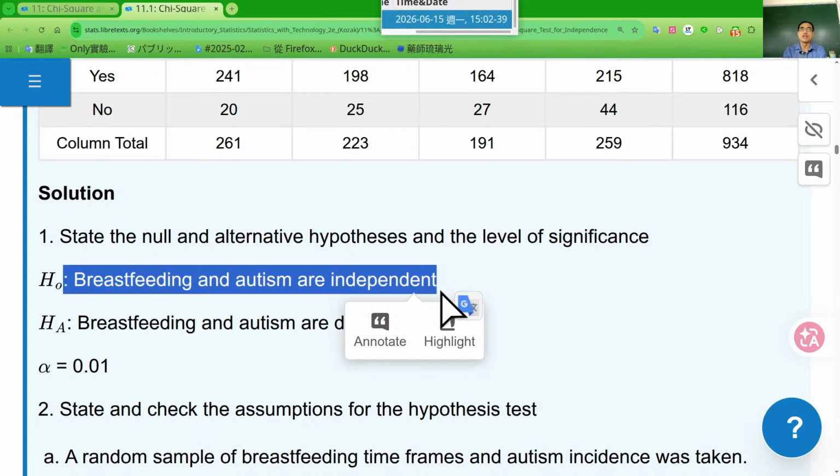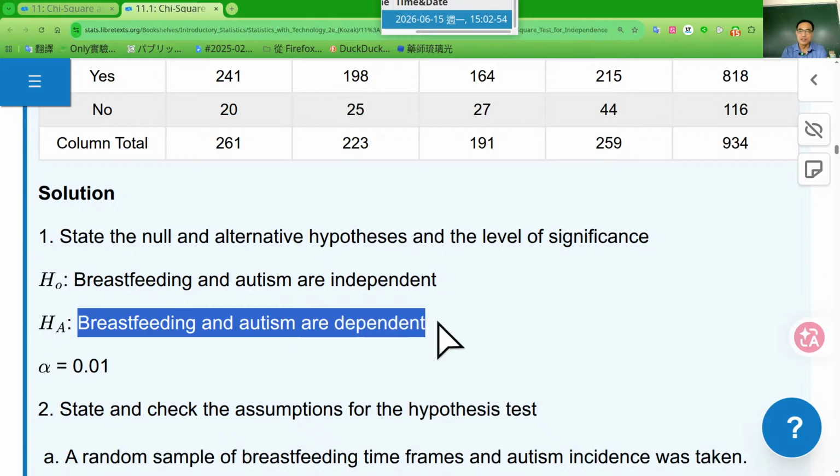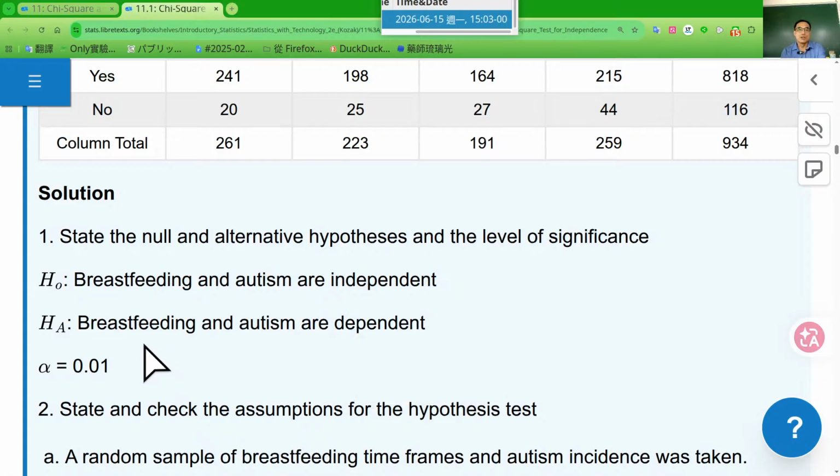We can find a relationship, but it doesn't mean breastfeeding or not breastfeeding will cause autism. The alternative hypothesis is breastfeeding and autism are dependent. It means they have a relationship, but again, it doesn't mean that if the mother doesn't breastfeed, the baby will have autism.